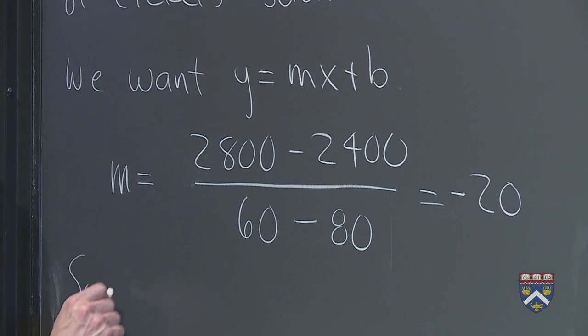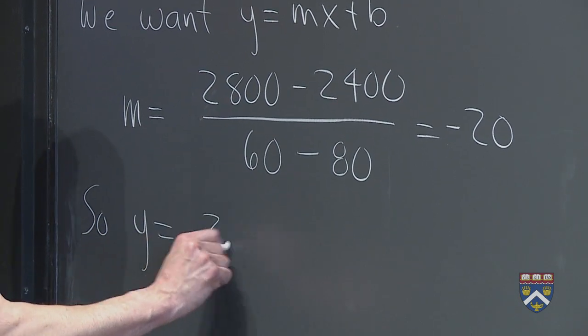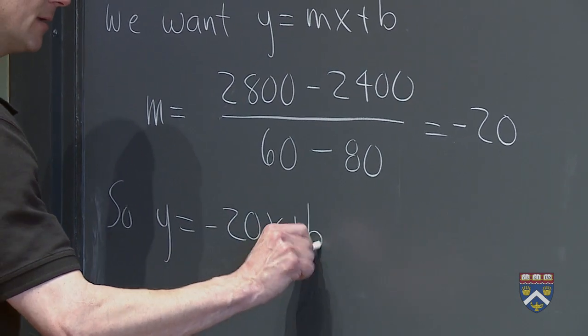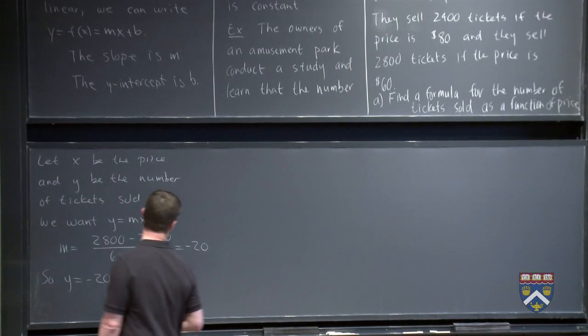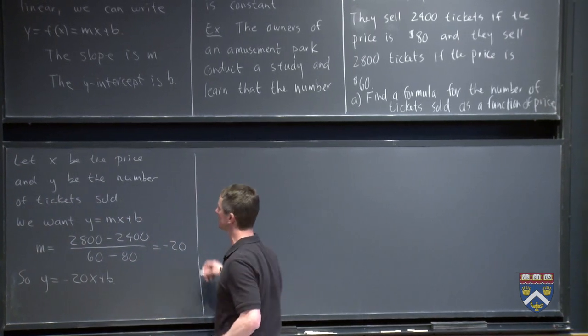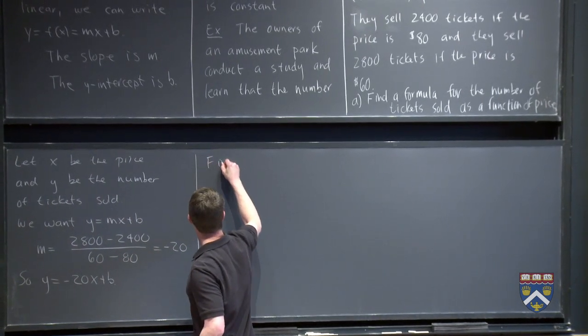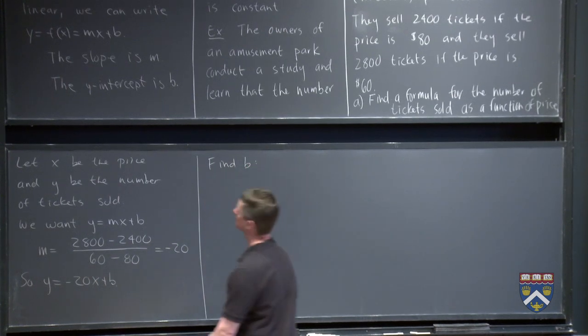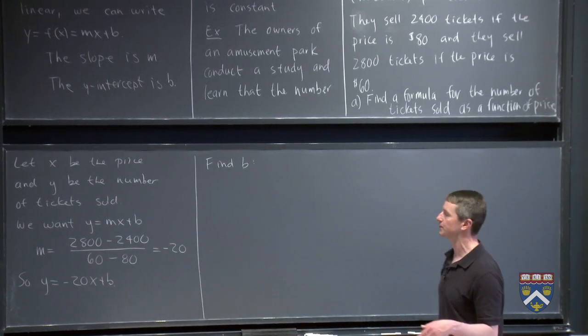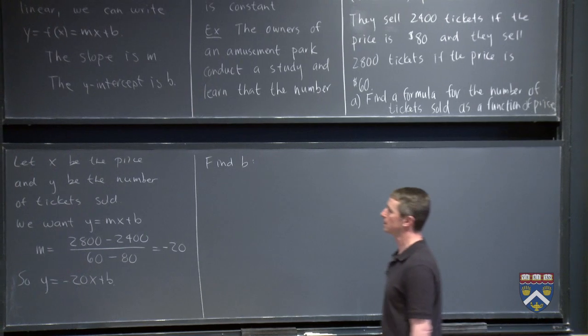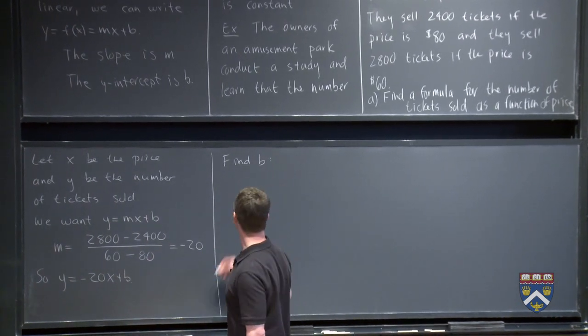So what does that tell us? Now we know that y equals negative 20x plus b. And it's left to us to find b. For that, we can just plug in either of the 2 points, whichever one we find easier. So I'm going to plug in the 2,400 and the 80.